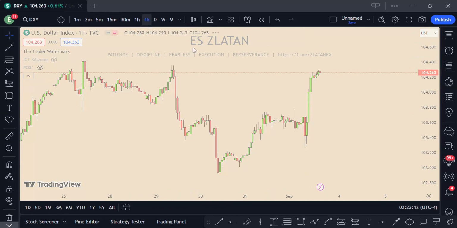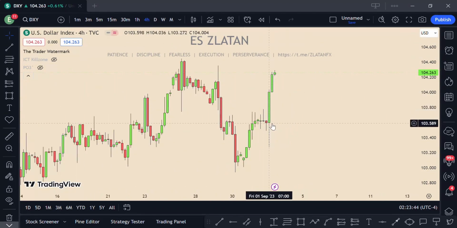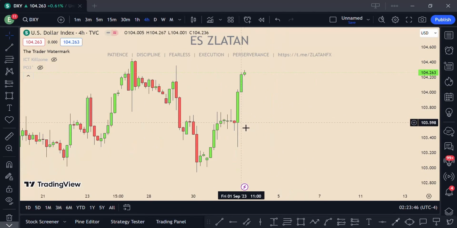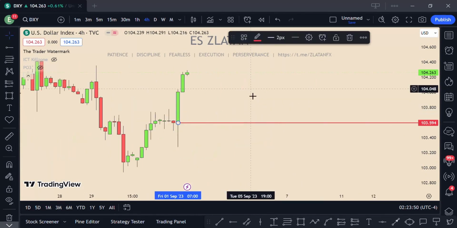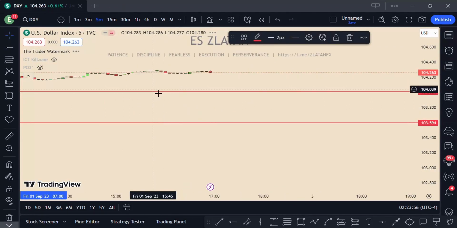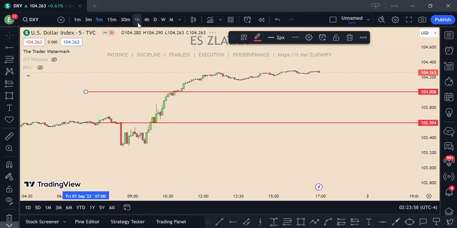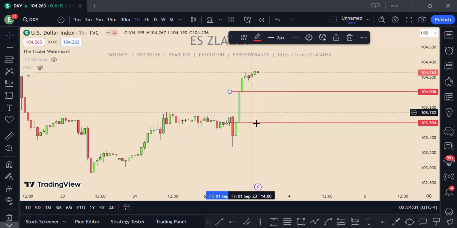What do I mean? You can also use your 4-hour charts for accumulation, manipulation, distribution, right? So this is your 4-hour. I want to do a quick review on this one because I feel like a lot of you need it, right? So we opened here on the 4-hour and we manipulated to the downside and we distributed to the upside.